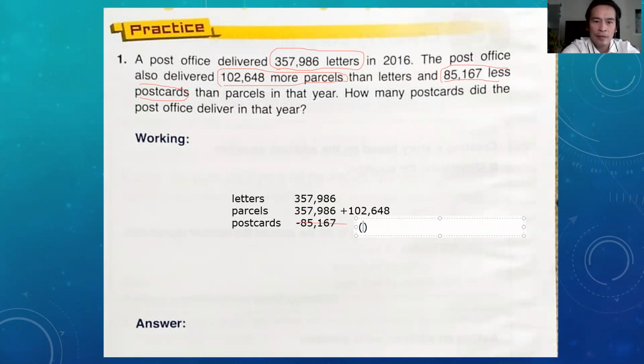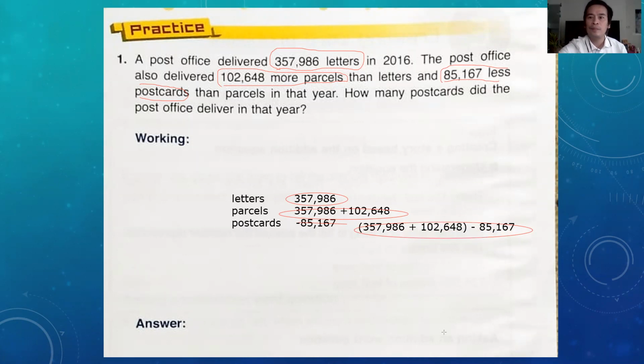So this should be the parcels. 357,986 plus 102,648 minus 85,167. Okay, again, I will repeat. This is the number of letters to be delivered by the post office. This is the number of parcels to be delivered by the post office. And this is the number of postcards to be delivered by the post office.